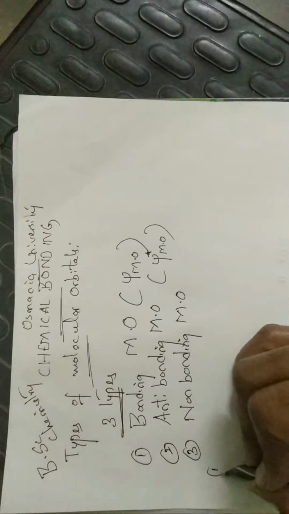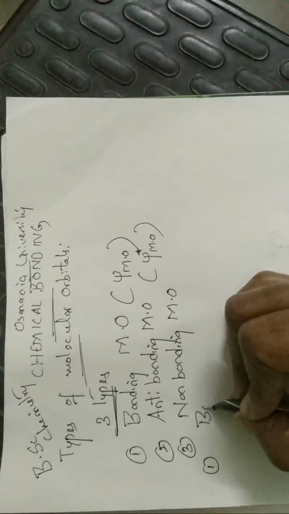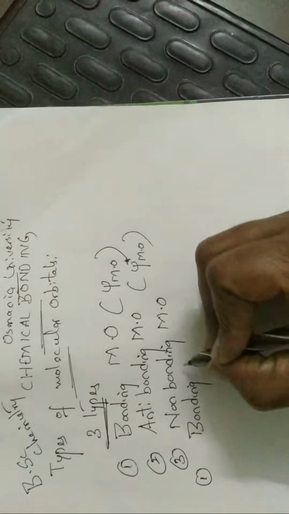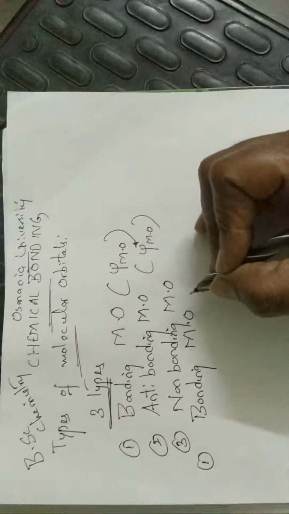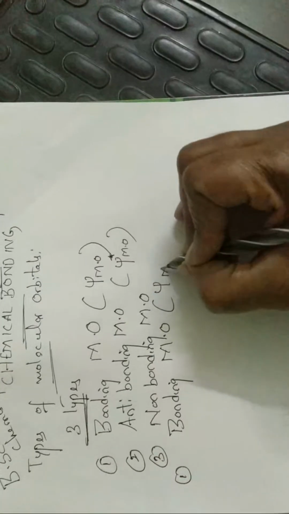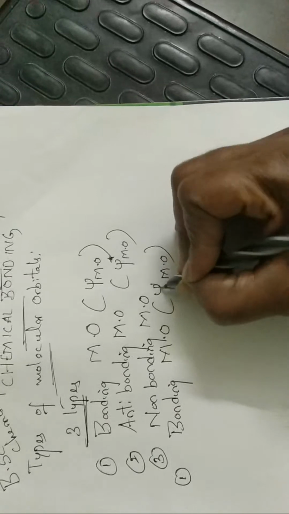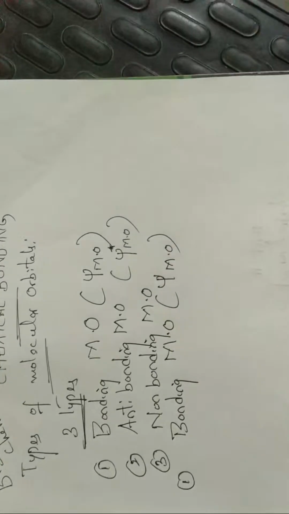So let us come to the first one, that is bonding molecular orbital. Bonding we will represent as psi MO.